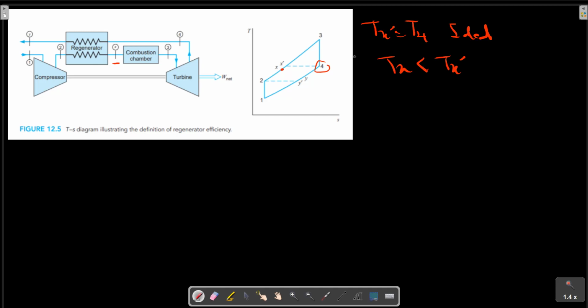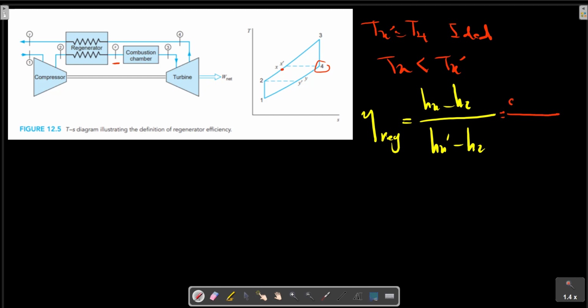The regenerator efficiency can be written as eta regenerator equals (hx actual minus h2) over (hx prime minus h2) ideal, actual over ideal.